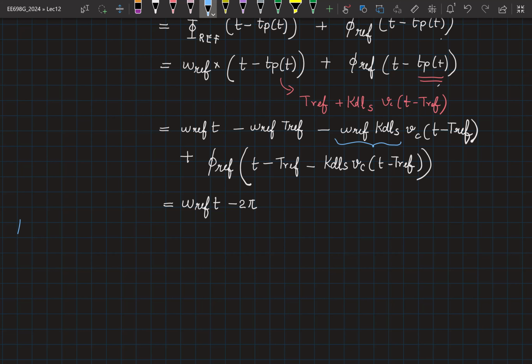So what you have is some KDL in seconds per volt that you are multiplying with omega ref. Basically it is getting multiplied with 2 pi by T naught. So dimensionally this is KDL in radians per volt, which I'll write as KDLR, right? So one minor thing you have to remember is if your delay is increasing, what is happening to the phase?